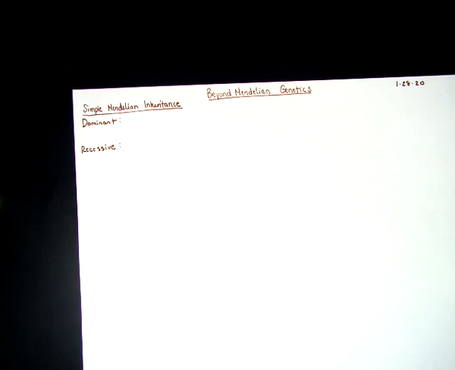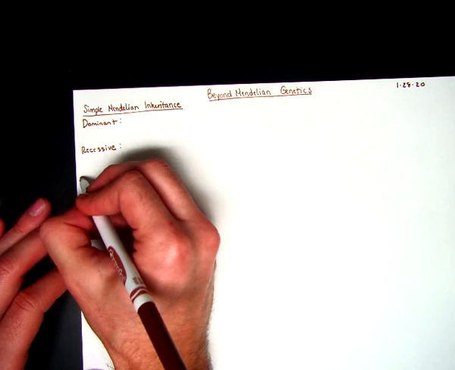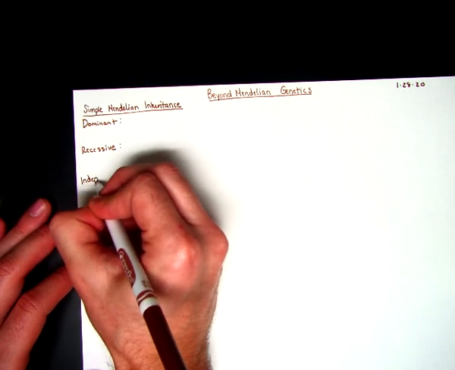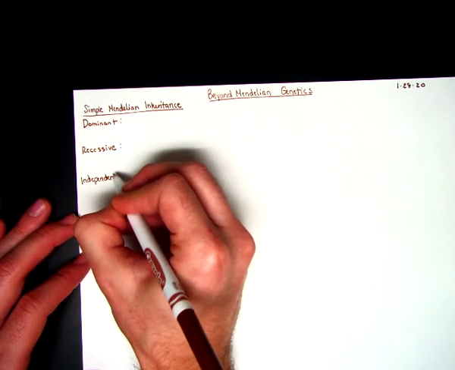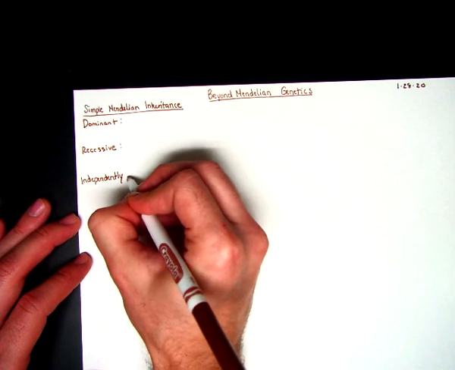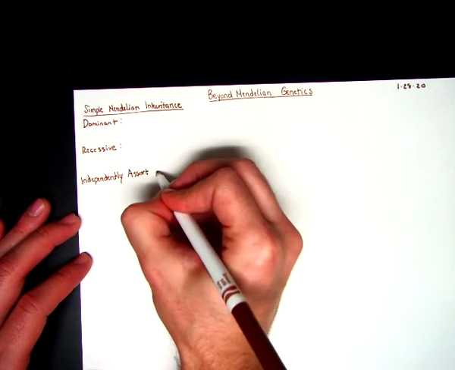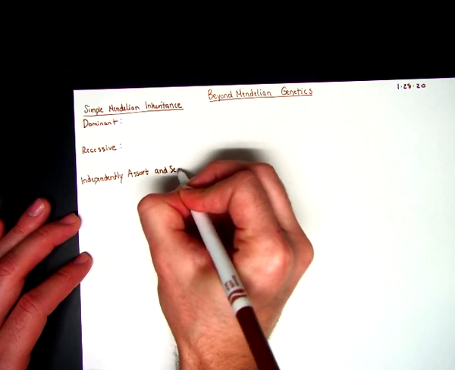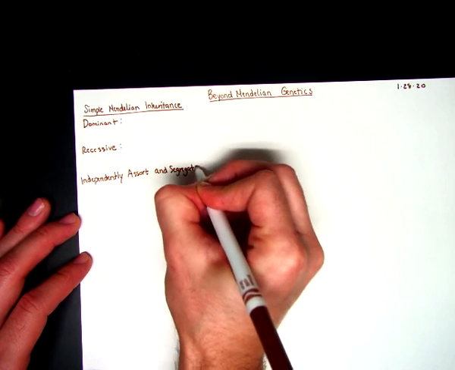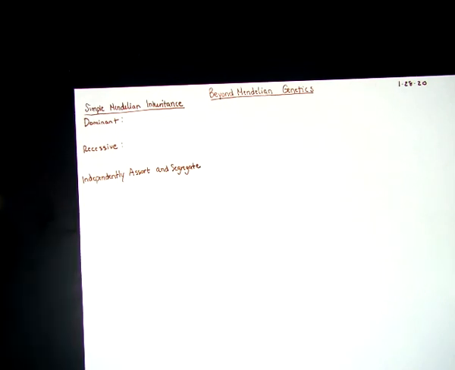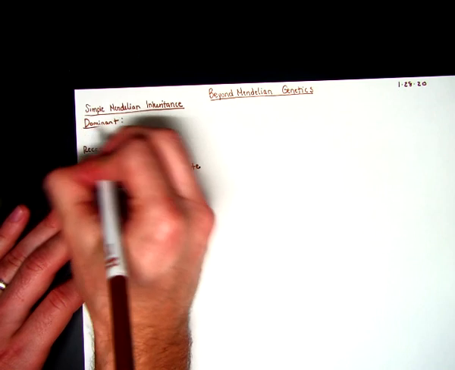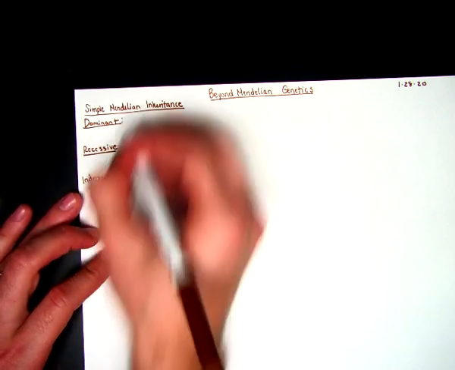And for the majority, that's what Mendel saw, was that you can have these dominant and recessive traits that independently assort and segregate.